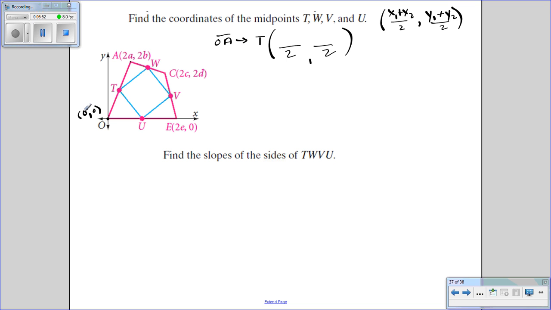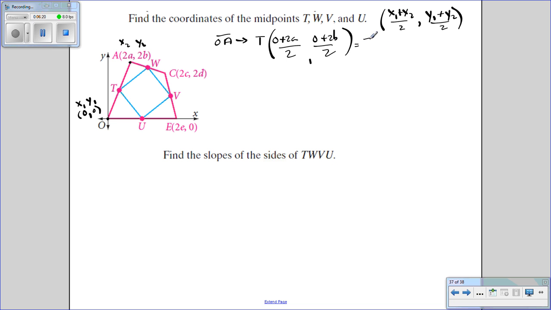I know 0, 0 would be x1, y1, and this point over here would be x2, y2. Now I plug them into the formula. So over here we have x1 plus x2. So that would be 0 plus 2a. And over here would be y1 plus y2. So that's going to be 0 plus 2b.